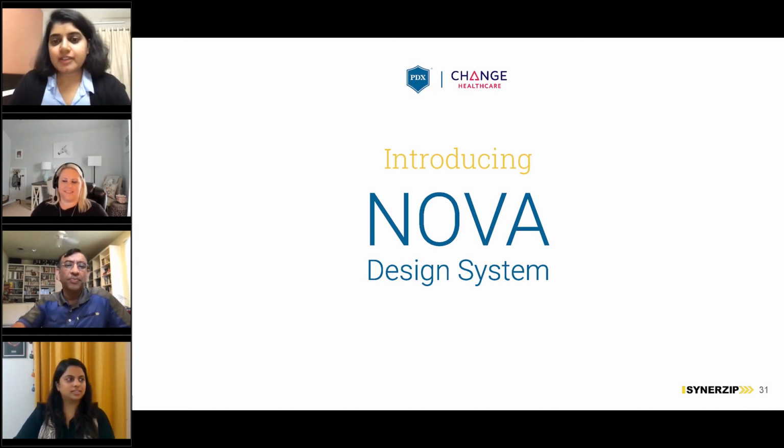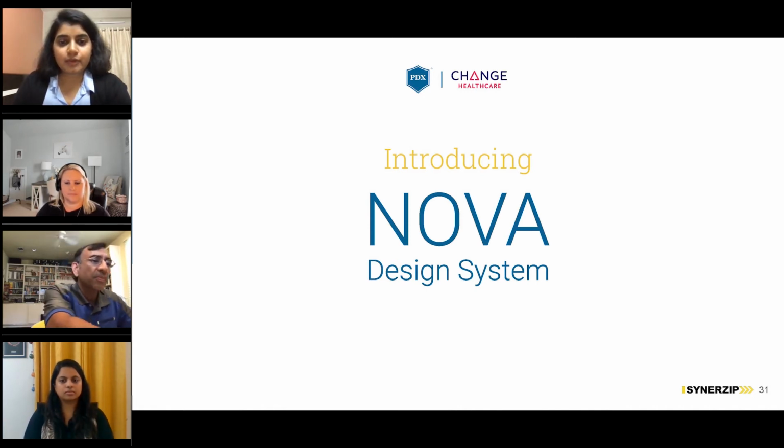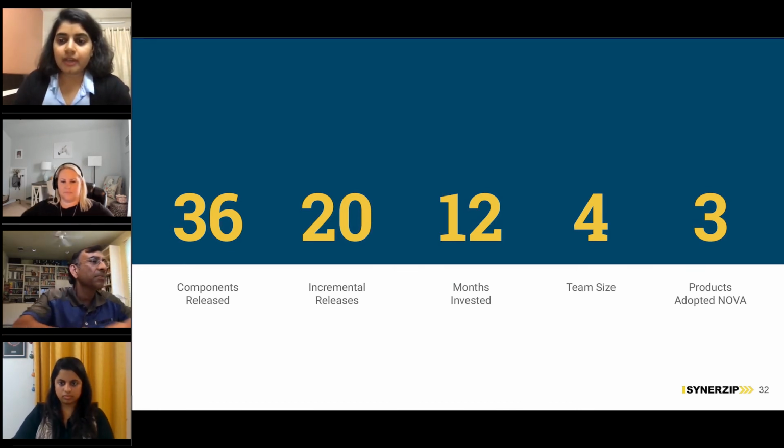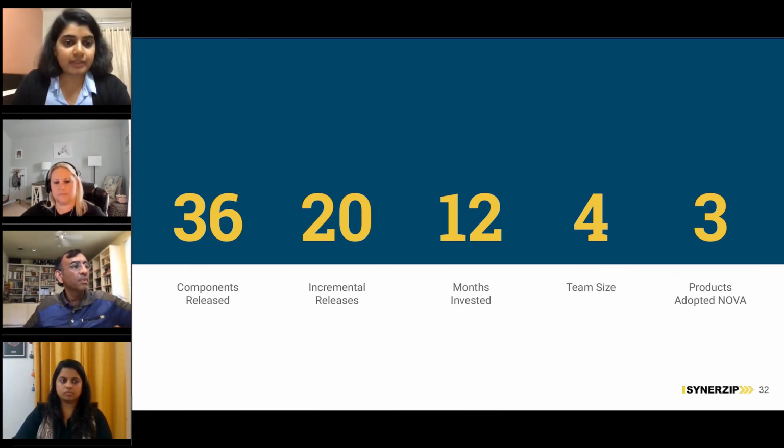Thanks, Arshita. So far we have talked about the design system and the business part of it, but this is what we have done in our design system. We call it the Nova design system. Till today, we have released 36 components and 20 incremental releases.